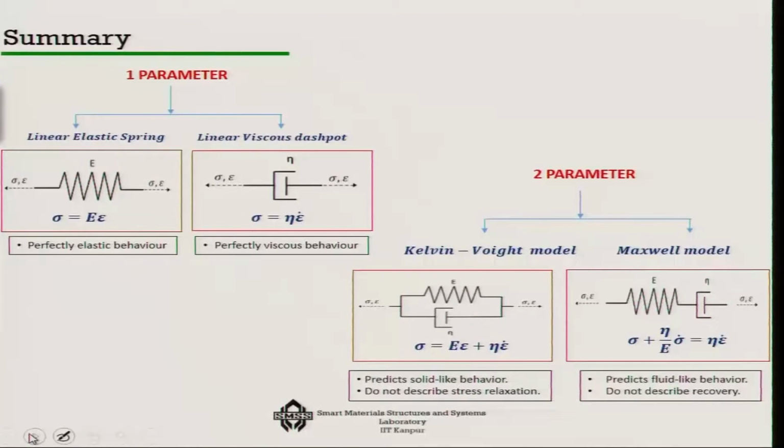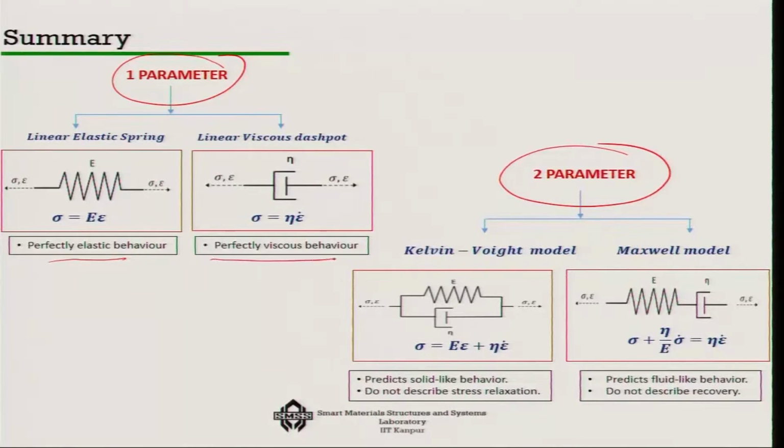Our complete summary is that we have discussed 1 parameter models, and 2 parameter models, the Kelvin-Voigt model and Maxwell model. The linear elastic one was perfectly elastic, linear viscous was perfectly viscous fluid, the Kelvin-Voigt model predicts solid like behavior, some amount of viscosity is there, but does not describe stress relaxation, and the Maxwell model predicts fluid like behavior, but does not describe the recovery.